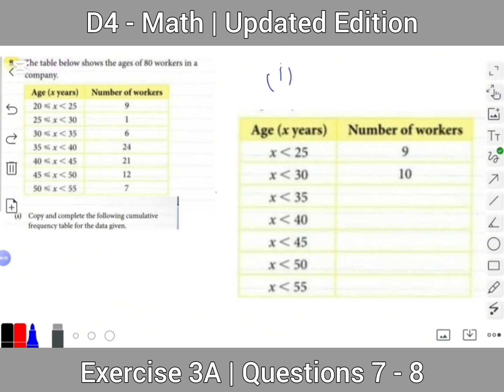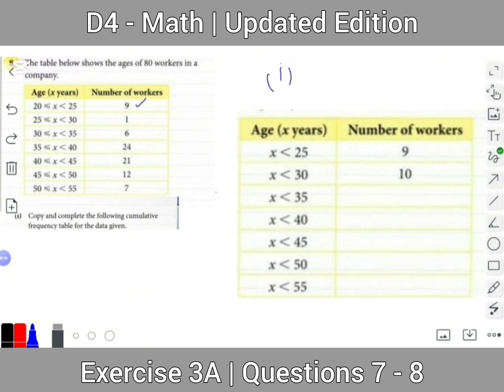So for a cumulative frequency table, the first entry will always be the same as the frequency table. So if we have a look at the first entry, we can see it's from 20 to 25 with a frequency of 9.